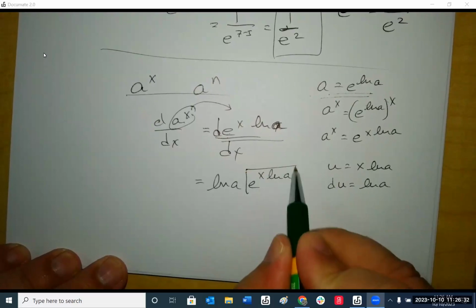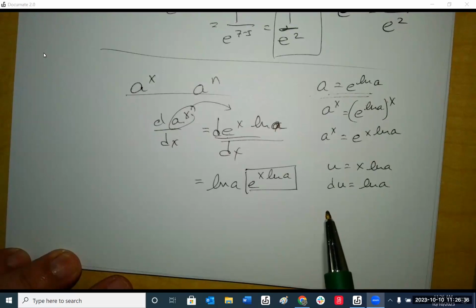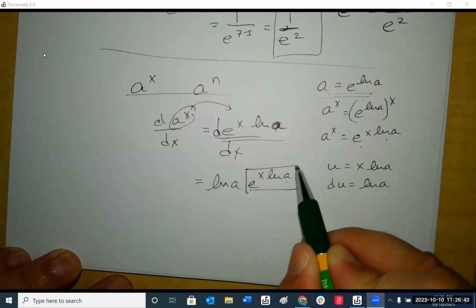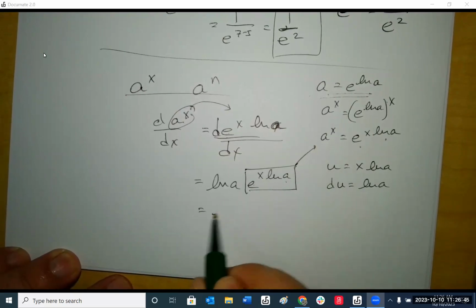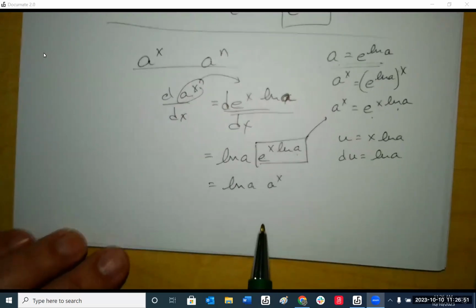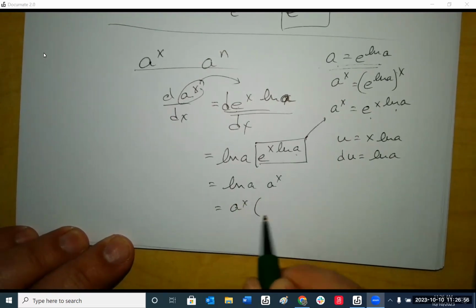But e to the power x ln a from up here is a to the power x. So we have a to the power x times ln a.